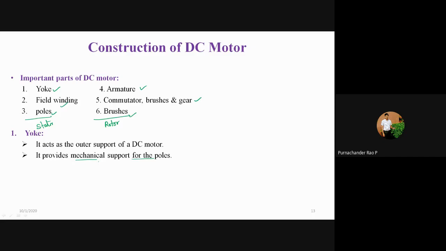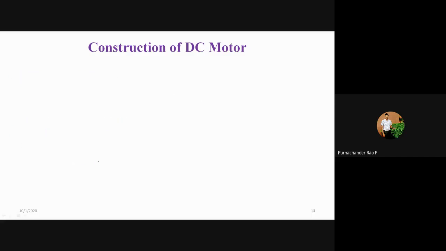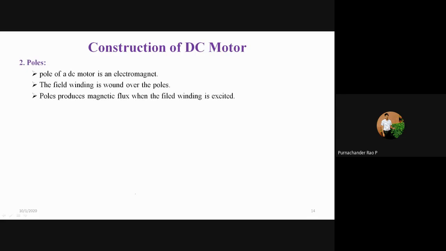So this is the function of a yoke, and next, the poles. The poles of a DC motor are of electromagnetic type because these are excited by the field winding. Okay, so the field winding is wound over the poles, therefore it is acting as electromagnets, and these poles will produce the required amount of magnetic flux when this field winding is excited.